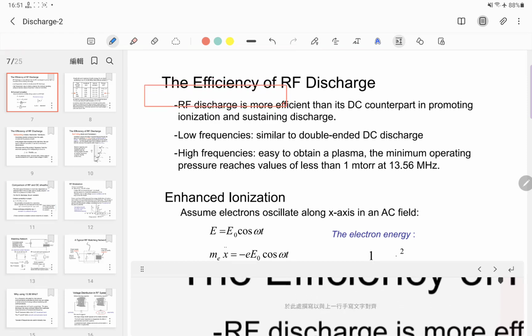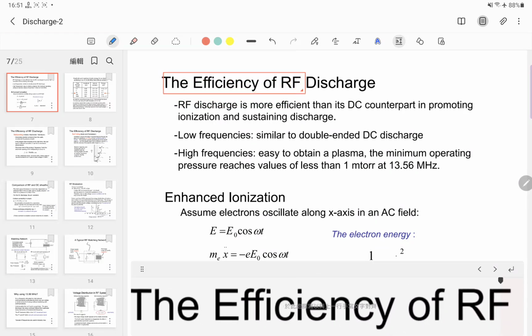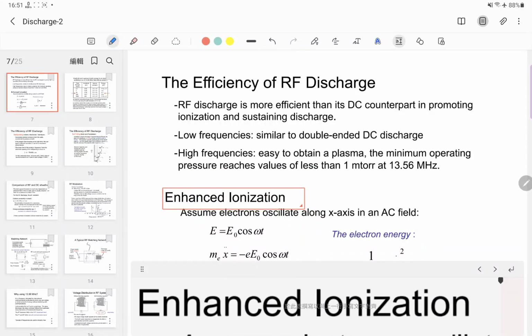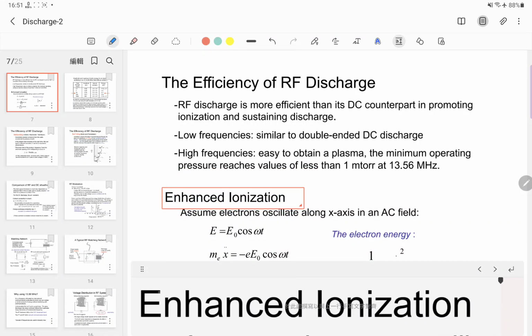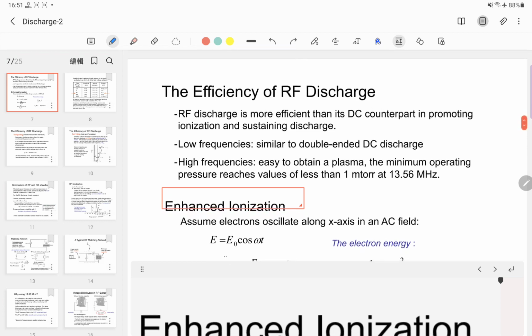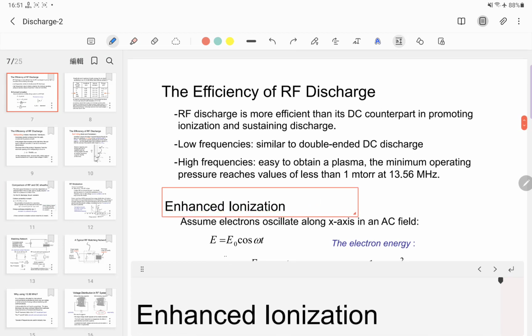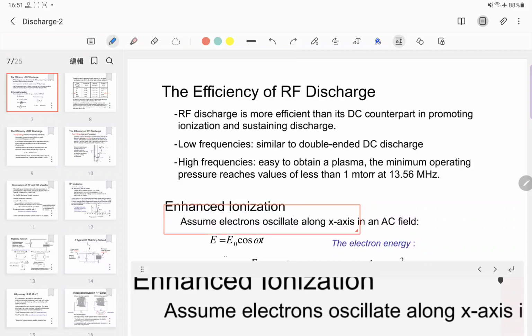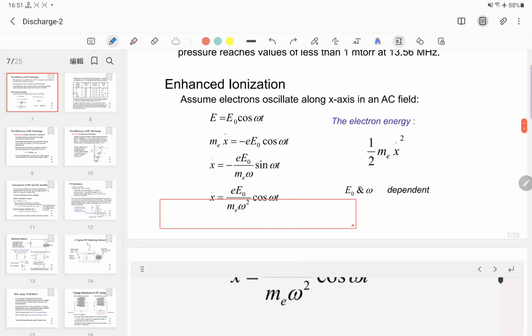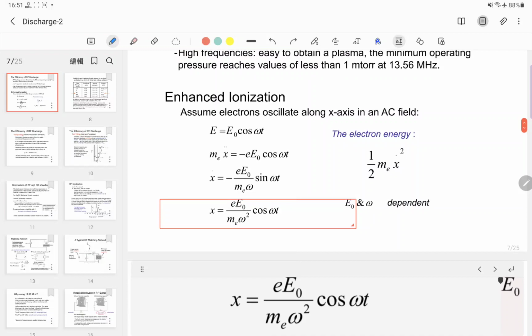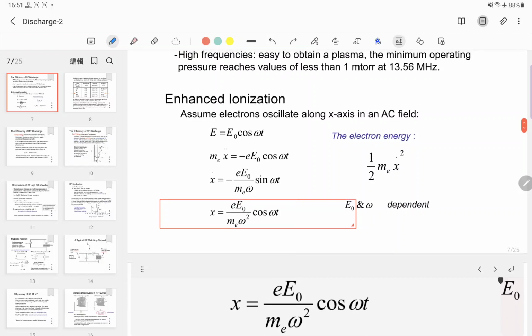But in an RF system, even if the pressure is only 1 milliTorr, you can generate plasma easily with a distance between cathode and anode of around 2 centimeters. So compared to that, a DC system needs 10 meters of distance between cathode and anode to generate plasma at 1 milliTorr of gas pressure.